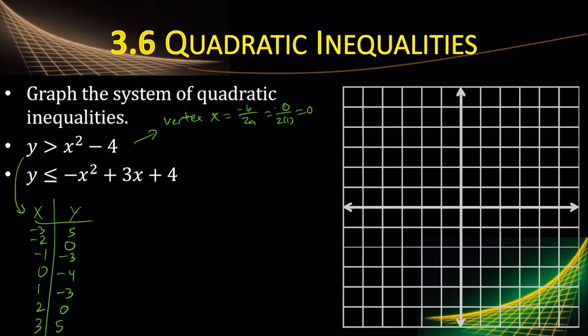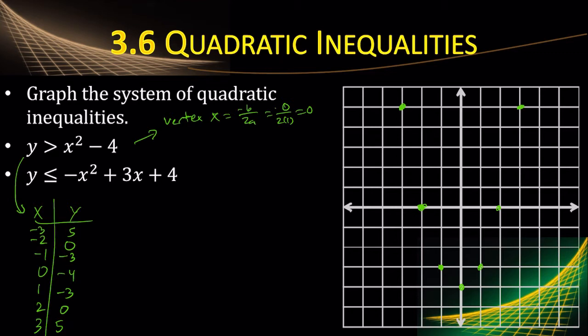I graph that. Negative 3, 5; negative 2, 0; negative 1, negative 3; 0, negative 4; 1, negative 3; 2, 0; and 3, 5.